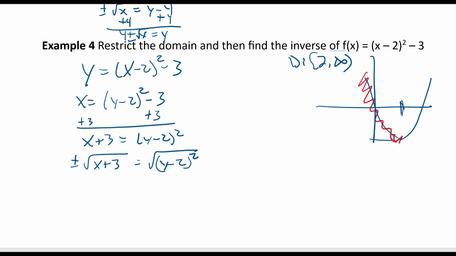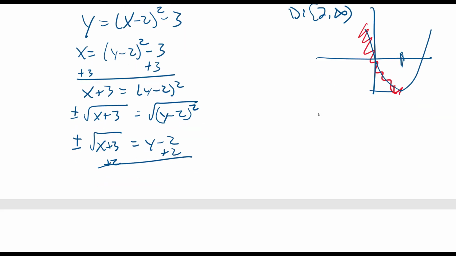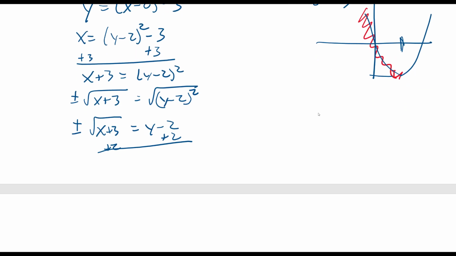We could say plus or minus, and we have plus or minus the square root of x plus 3 equals y minus 2, and then we can add 2. So 2 plus or minus the square root of x plus 3 equals y, or our f inverse of x is 2 plus or minus the square root of x plus 3.